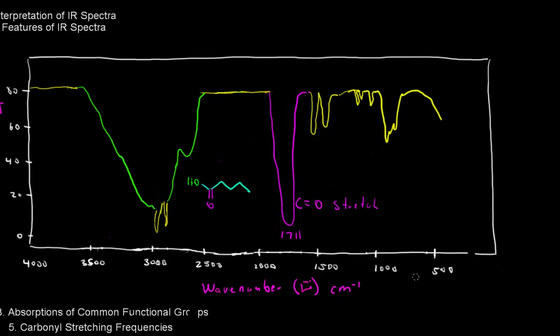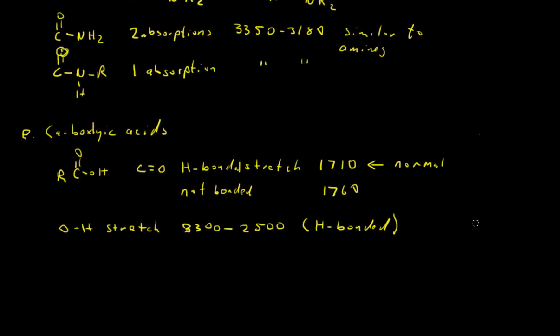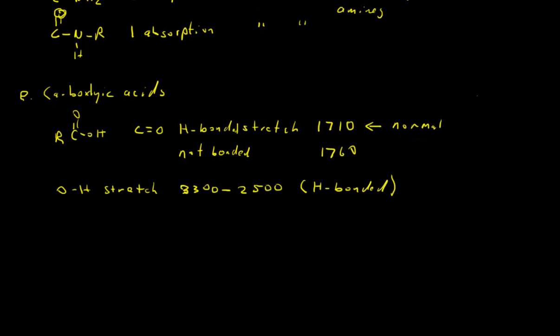So we have one more thing to talk about with regard to carbonyls, and then you're ready to begin using infrared spectroscopy to solve for the structures of organic molecules. It turns out that all of the different carbonyls and functional groups we've looked at to this point have been aliphatic.